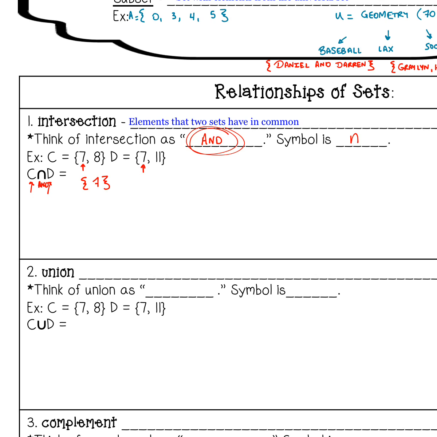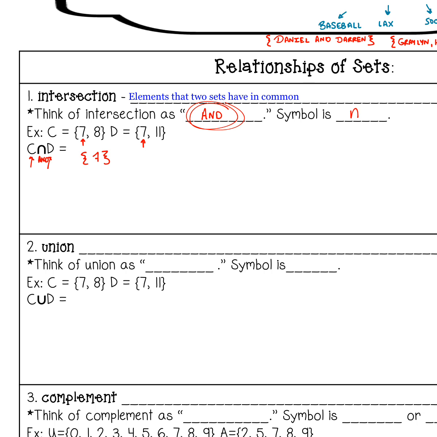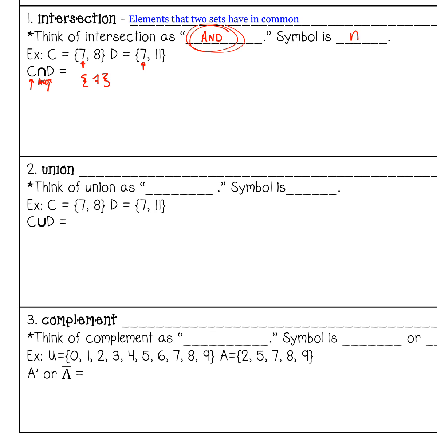The next one we're going to come across is a union. Elements from both sets. We are not going to repeat. So if they show up twice, we're just going to write them once. So a union is elements from both sets.